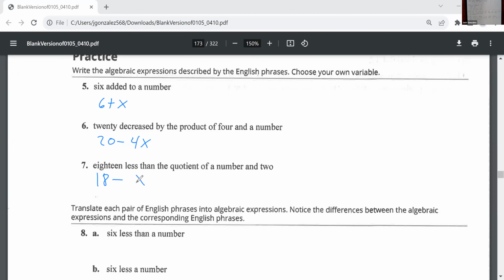The quotient of a number and 2. Or you could have said 18 minus x divided by 2. I like this one because it's big. Whenever people write a division symbol, that's when it can get ambiguous. It's not wrong.